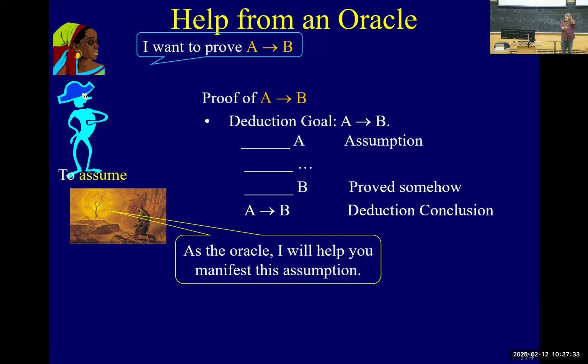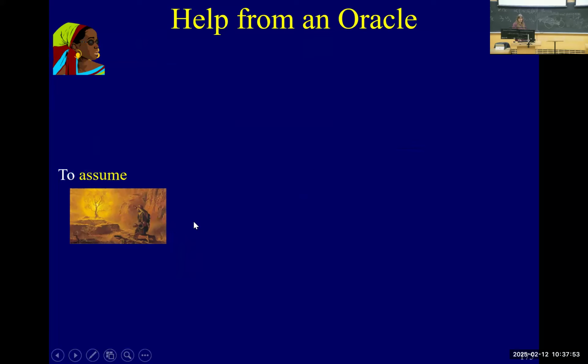So that separates it. Down here, I'm the prover. I need to prove these things. And up here, I know they're true already, so I want to use the fact that they're true. I'm going to have an oracle assure me that they're true. That just separates out the roles of these people.